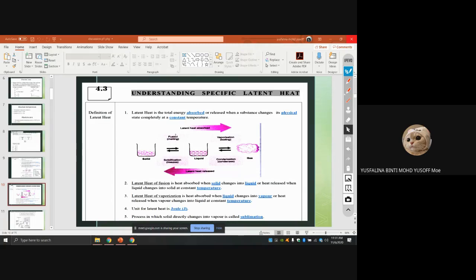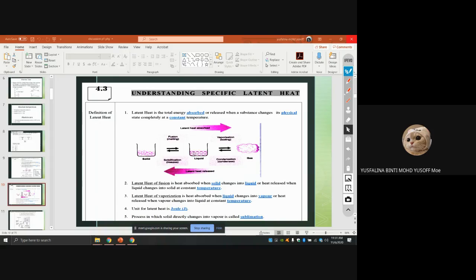This process is known as melting. When solid changes to liquid, the temperature is not increased. The energy used to transfer from solid to liquid, that one we call the specific latent heat, without increasing the temperature.